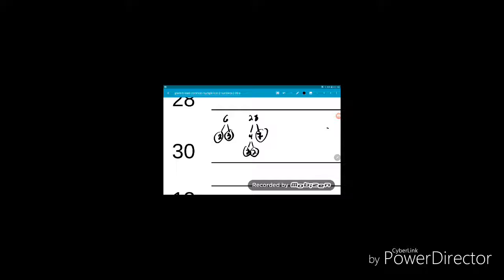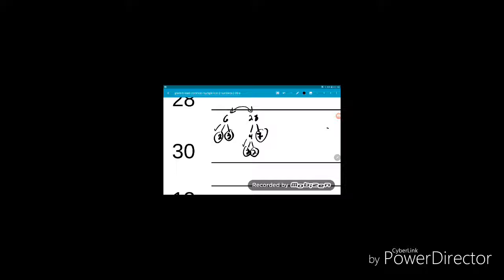Now between the 6 and the 28, the 6 has 1, 2. The 28 has 1, 2. The 6 has a 3, but the 28 doesn't have a 3. 28 has a 7, but 6 doesn't have a 7.